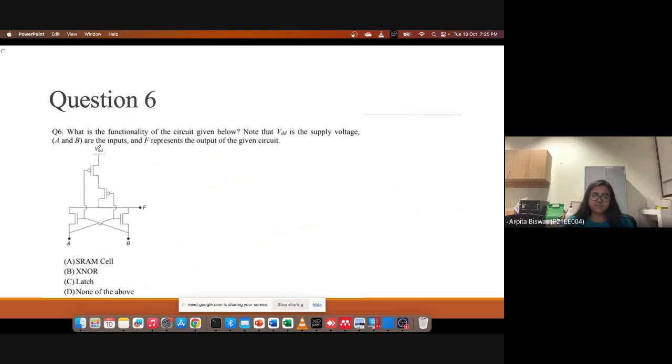What is the right answer? So let's simplify the circuit.